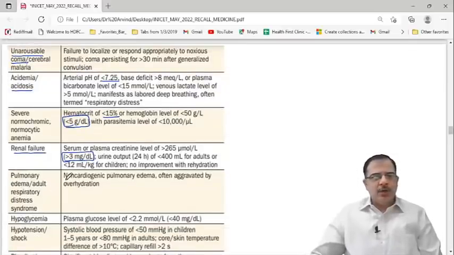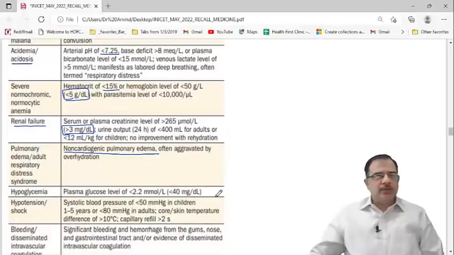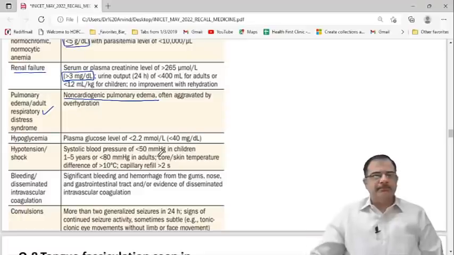Pulmonary edema, non-cardiogenic pulmonary edema, which can be aggravated by overhydration or lots of IV fluids. It occurs maybe as a part of ARDS. Hypoglycemia, plasma glucose less than 40, which is one of the options in the question.